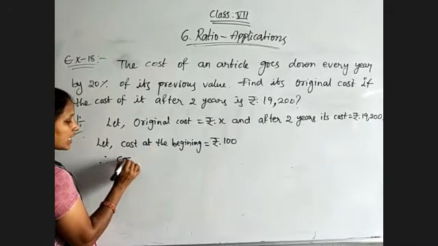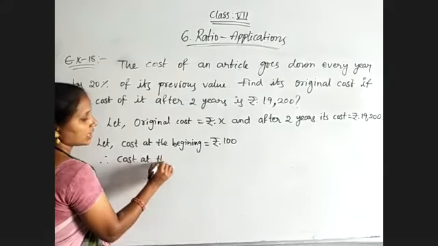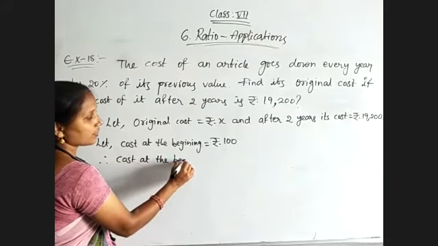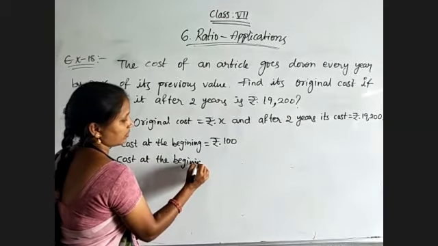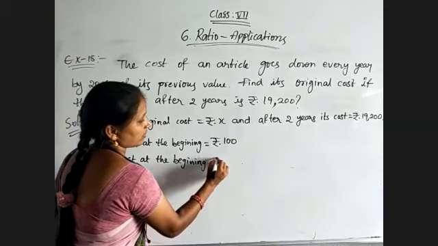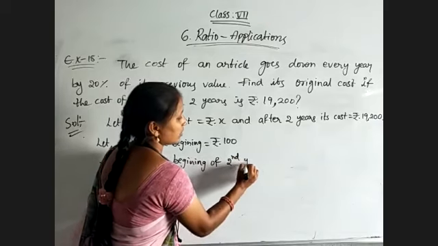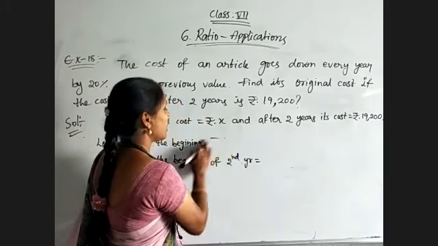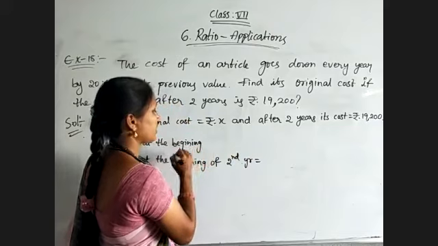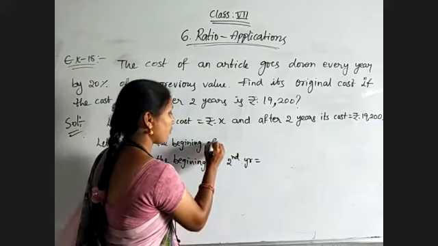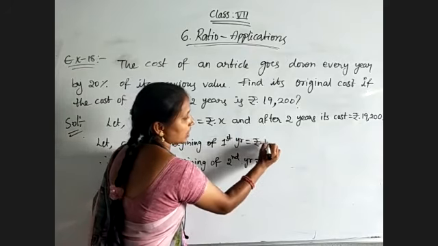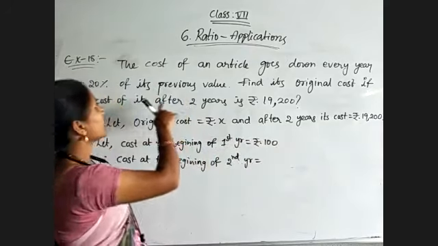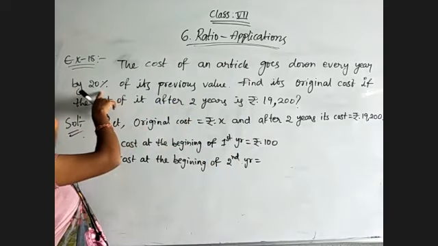The cost at the beginning of the first year is 100 rupees. It is given that it goes down every year by 20%.